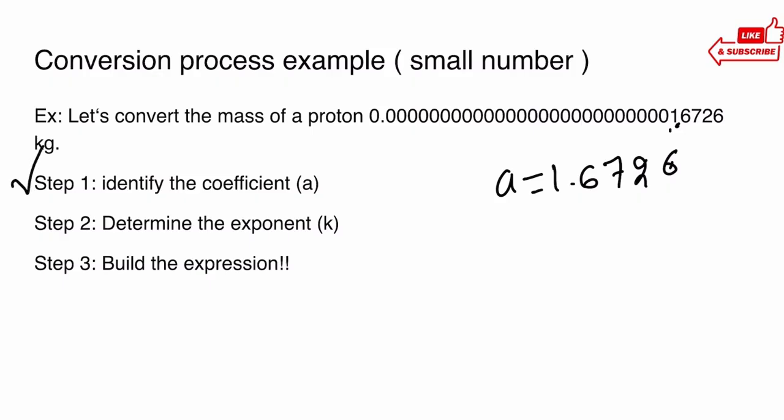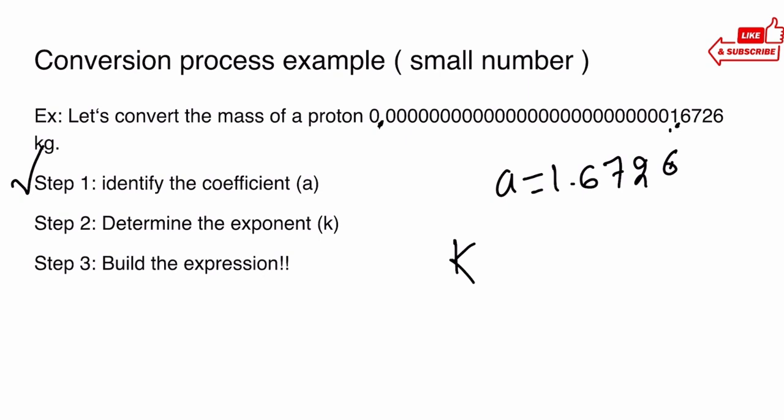Now step 2, we want to determine our exponent k. If we want to move from 1.6726 to our original number, our original decimal point is right here, we're moving to the left, so that tells us that k is going to be negative.